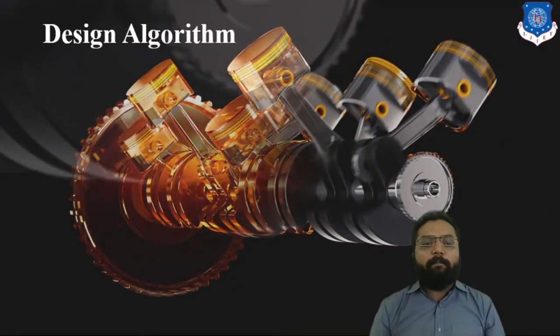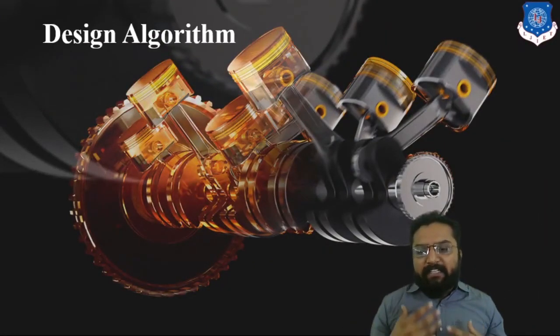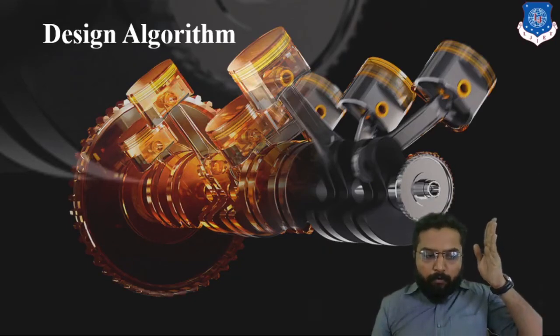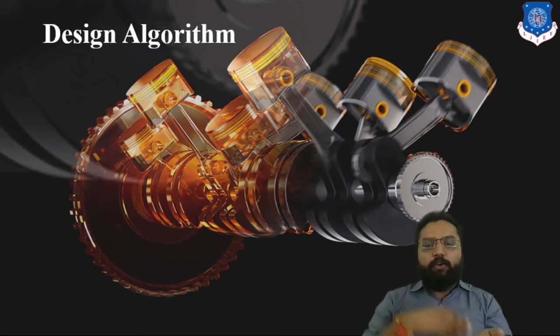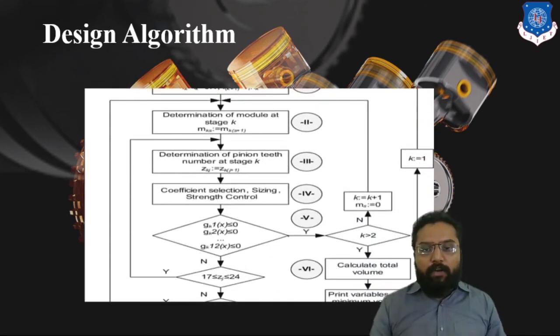And ultimately, we have to develop the basic algorithm. And what is that? Let's repeat this once again. First, we find the load acting on your gear, and the allowable stress, working stress, Lewis equation, your dynamic load, static load, wear load, and ultimately your design algorithm, which depends on determining your module and determining your teeth.